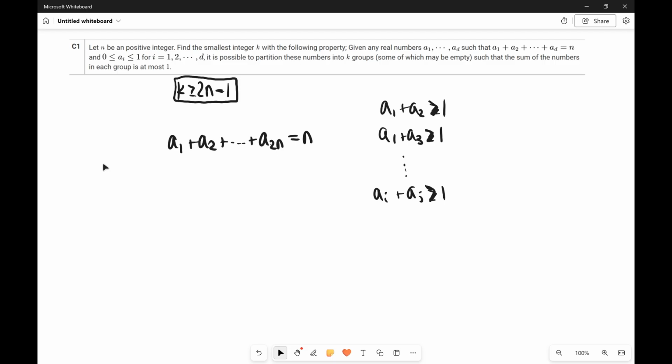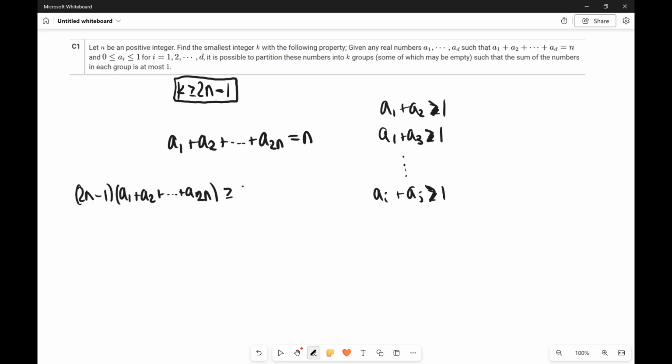So whenever you sum all pairs of these up, where i is less than j, a1 appears 2n minus 1 times because it is part of a1 plus a2, a1 plus a3, and so on. And by symmetry, a2 also appears 2n minus 1 times. So it just becomes 2n minus 1 times a1 plus a2 plus all the way to plus a2n.